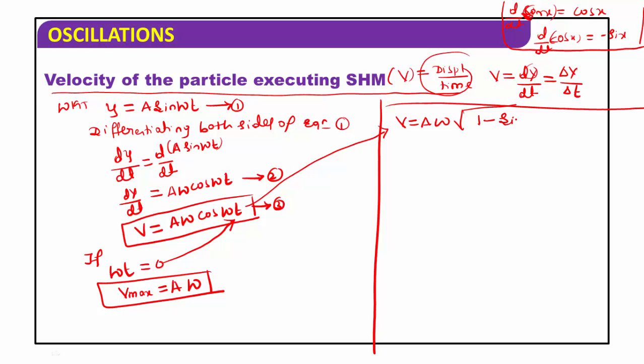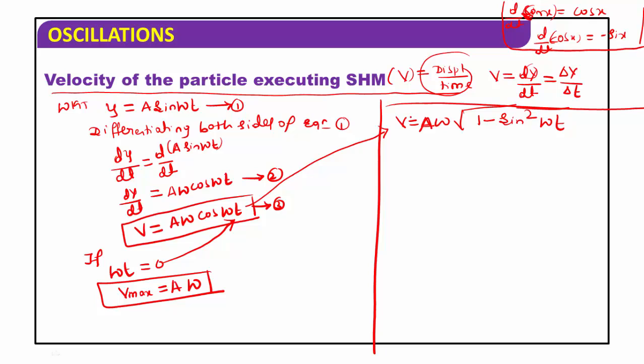Cos omega t is equal to root of 1 minus sine square omega t. So v is equal to a omega into root of 1 minus sine square omega t.